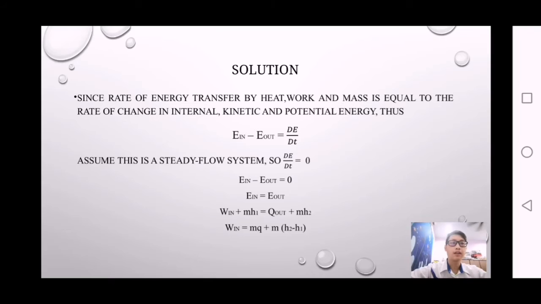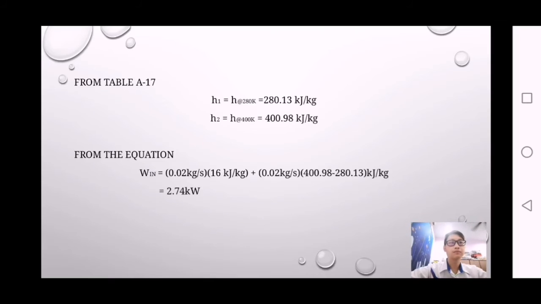And how do we get the enthalpy 1 and enthalpy 2? For the question, it is given in kilopascal and Kelvin, but in the ideal gas case, enthalpy depends on temperature only. So we will just look at the temperature. We can get the value from table A17.